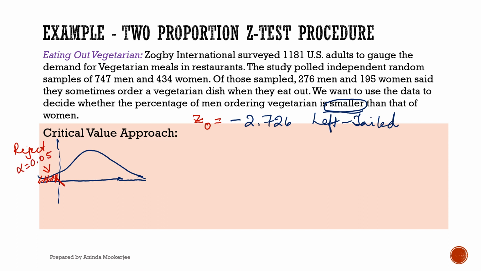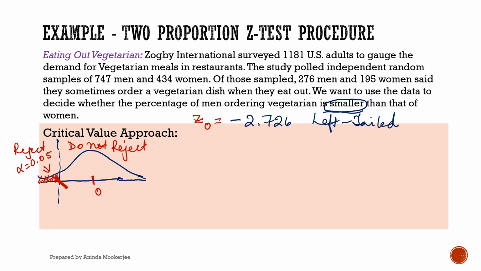So we have to find our critical value, the cutoff between the reject and the do not reject regions. And because it's a left tail test, it's on the negative side. Our 0 is at the center and reject is on the left hand side.